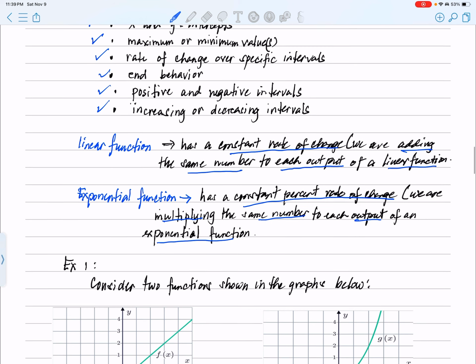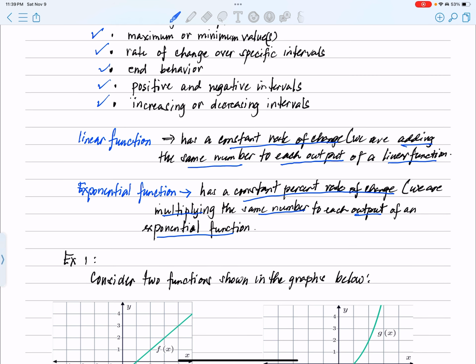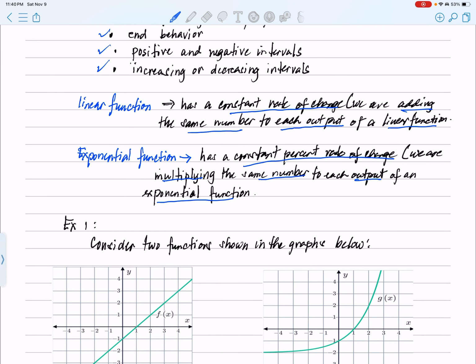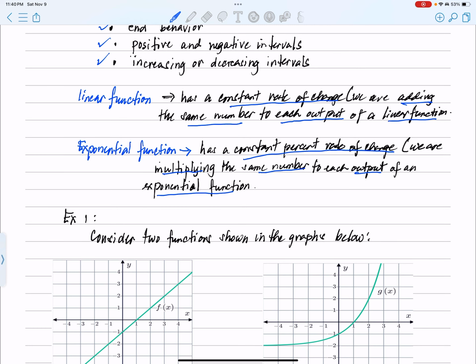So this means that we are multiplying the same number in the exponential function, and multiplication grows faster than addition. So a quantity increasing exponentially will always exceed a quantity increasing linearly.